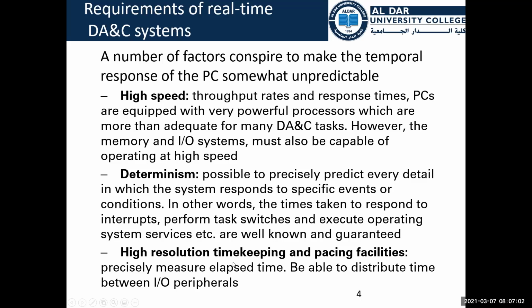As you know, I know you studied some of these concepts in the operating system subject, this scheme is called the round robin scheme. So switching between tasks and distributing time should be predictable from the system. And when I say system, I mean the computer system, which contains CPU and memory, and the connection between PC and input output.